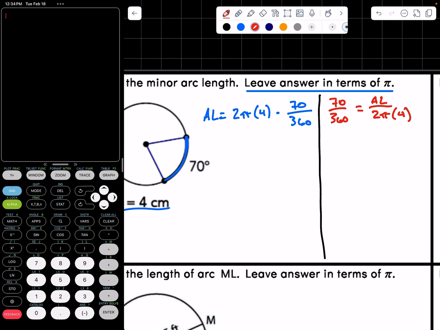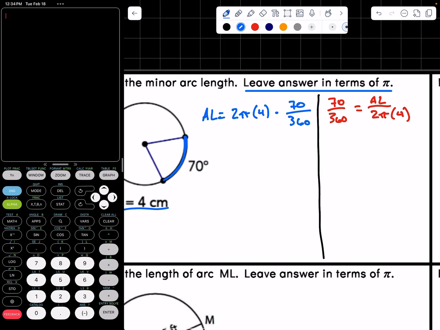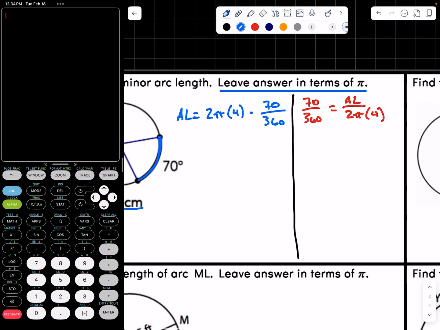All right. So when I have that, I'm going to go on ahead and actually work this. To get arc length by itself, I'm going to cross multiply. We end up with, and I'll actually use a different color because I'm going to end up doing the same thing, 360 times AL equals 2 pi times 4, okay?